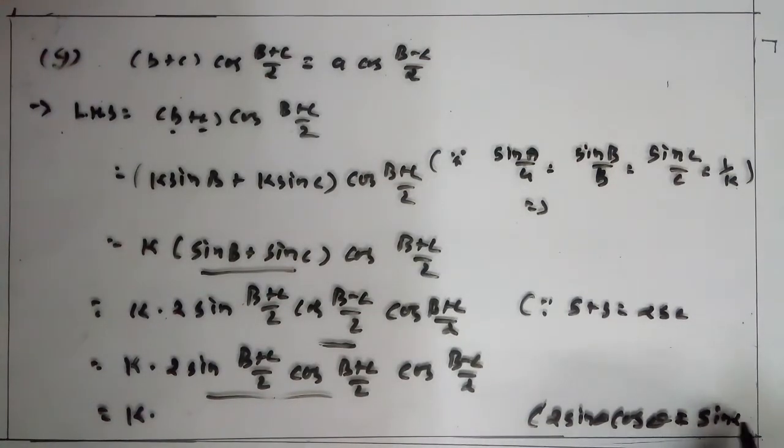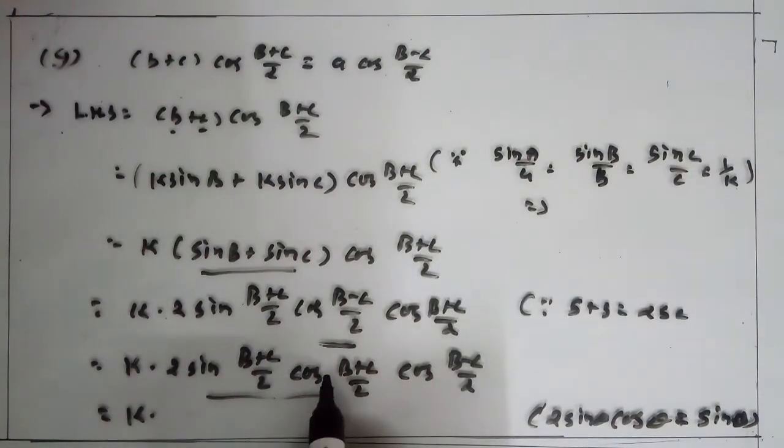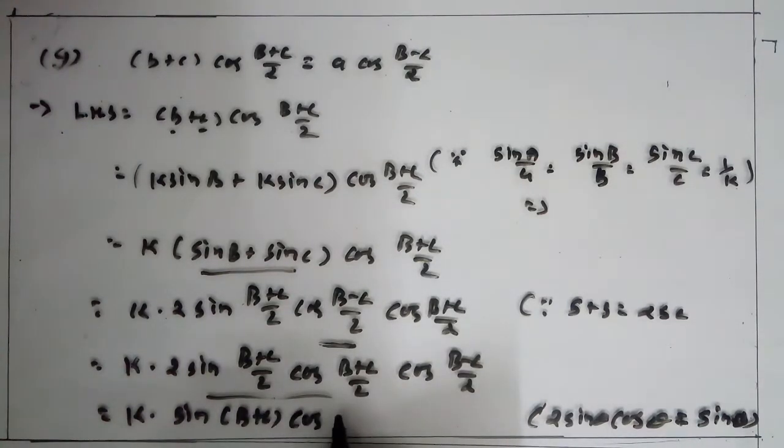So 2 sin((B + C)/2) cos((B + C)/2) becomes sin of 2 times (B + C)/2, that is sin(B + C). Clear this? Into the remaining term cos((B − C)/2).